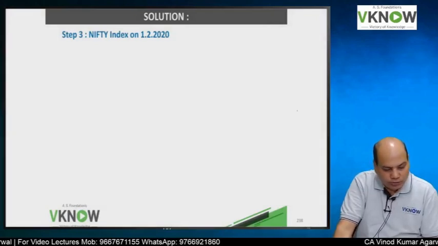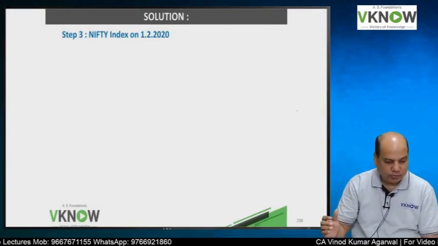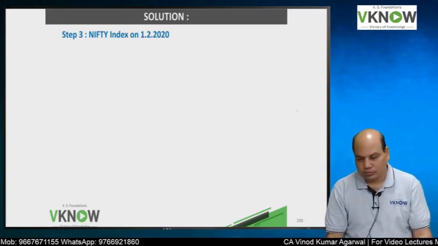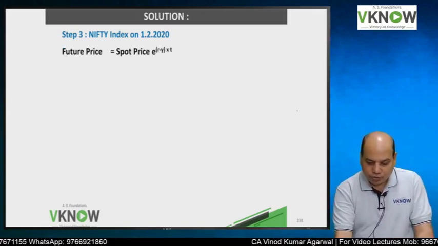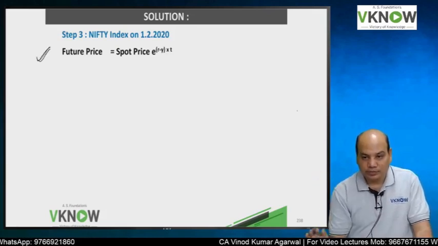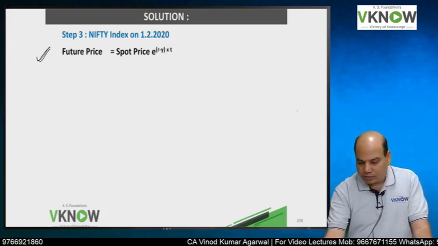Now your question is, what was the Nifty index on 1st February 2020? I know the future value. I have to find the spot value. So write down the formula. This formula is used when dividend yield is given.